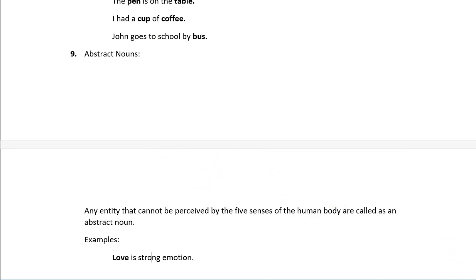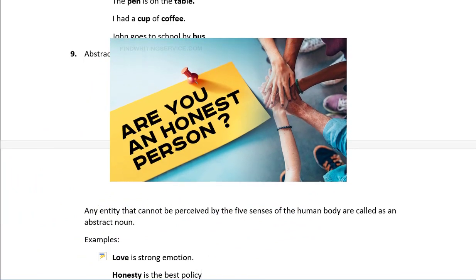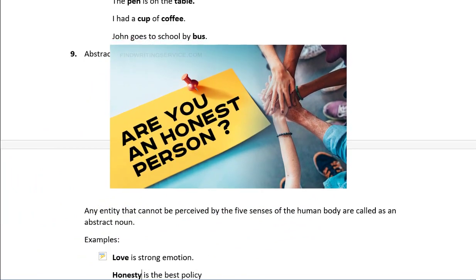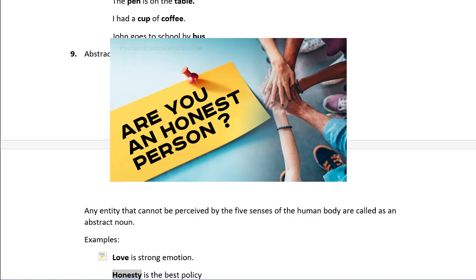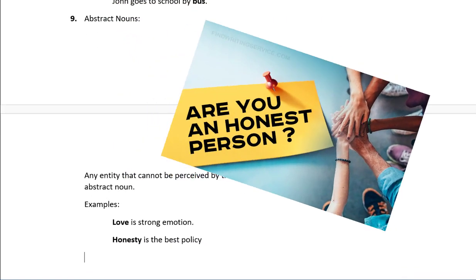If you are loving someone, then that love can never be touched or sensed. Similarly, honesty is the best policy. Here is again honesty. Honesty can never be touched or smelled or sensed or watched.